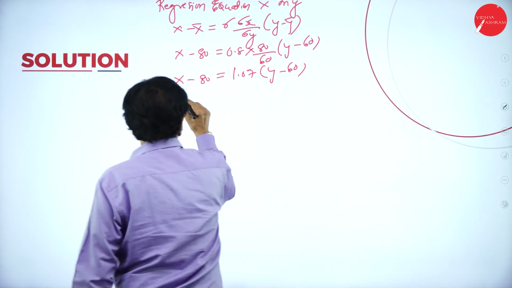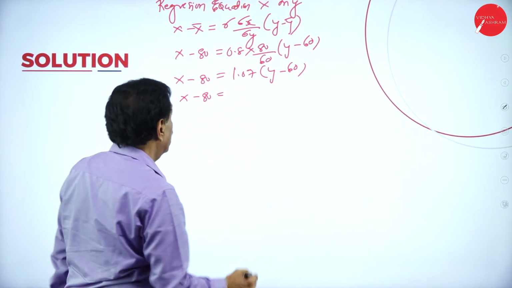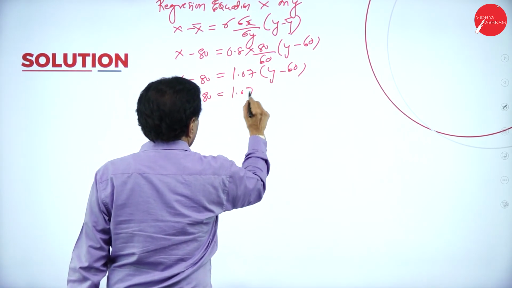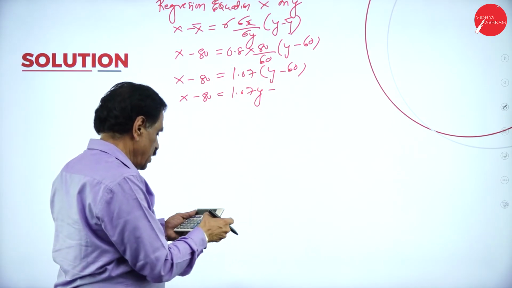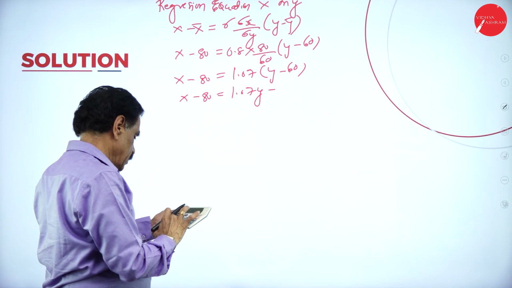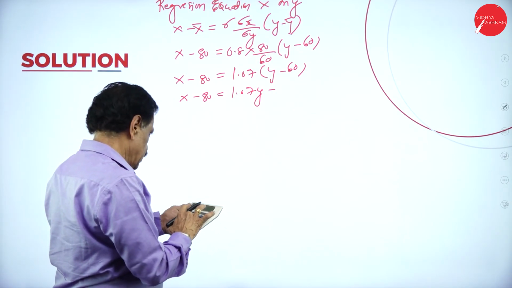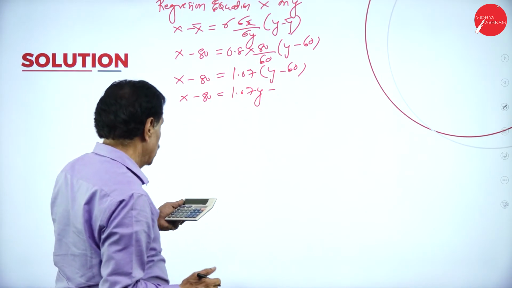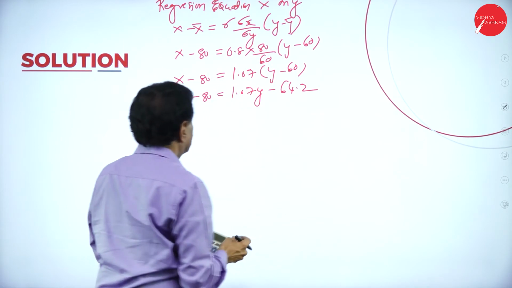So, x minus 80, 1.07 into y is 1.07y, minus 1.07 into 60 which is 64.2.